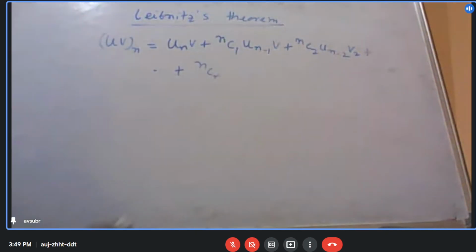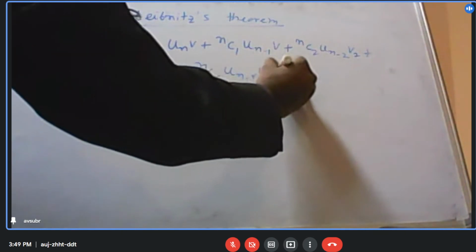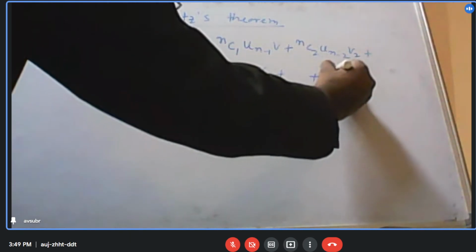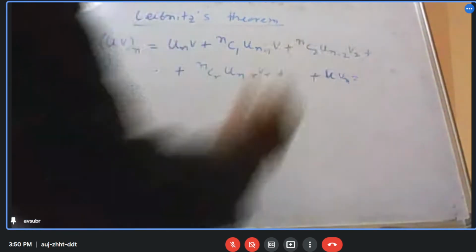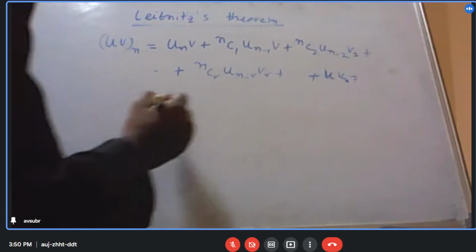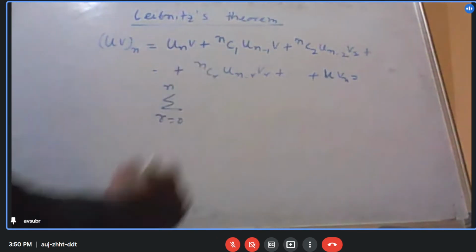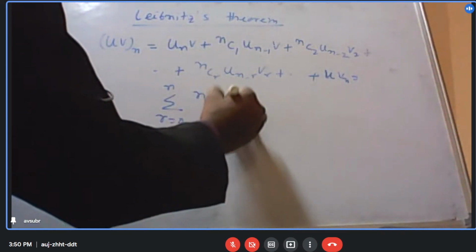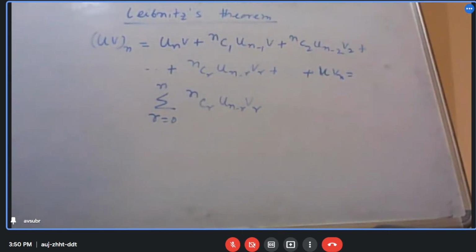The r-th term will be nCr u_(n-r) v_r, and the final term will be u v_n, which in shorthand can be written like this: the sum from r equal to 0 to n of nCr u_(n-r) v_r. So this is the theorem.